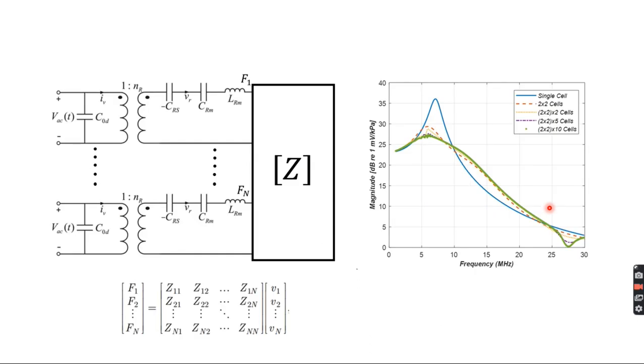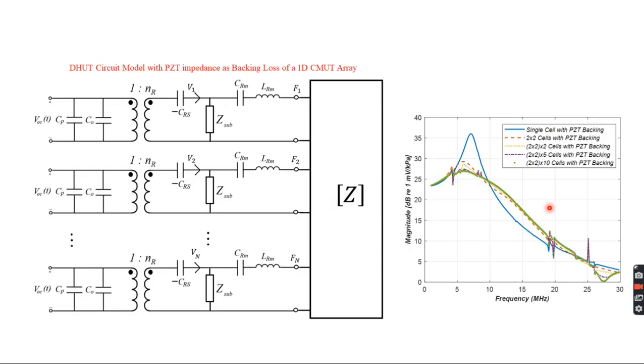If we have a large number of cells, but when you have this resonant backing on the PZT, then despite the number of cells, you still have the coupling from the low frequency stack to the high frequency stack, and this effect limits the bandwidth for imaging.